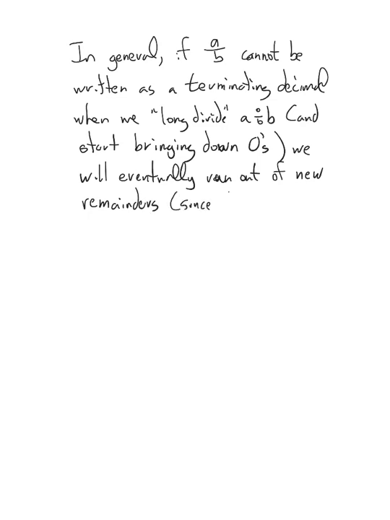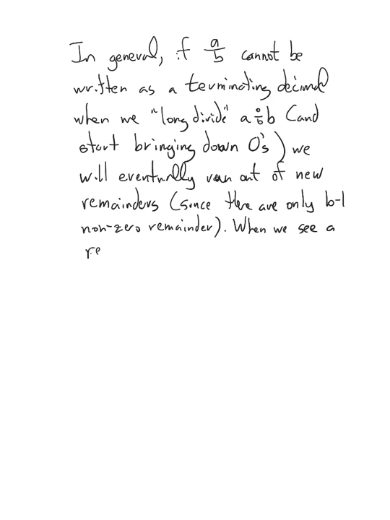Since if you're dividing by B, there's going to be one less non-zero remainders. Remember, it definitely can't be 0, because if we ever get a remainder of 0, we're done doing long division, so the decimal will terminate. So we'll eventually run out of new remainders. When we see a repeat, we know the decimal expansion will repeat.